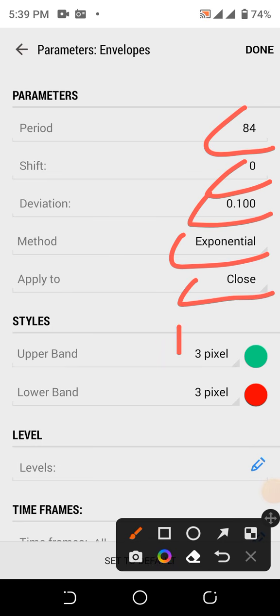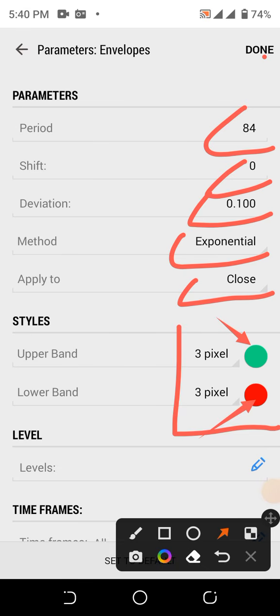Now for the upper band and the lower band: the upper band color is green, and the lower band color is red. So this is all you need. You need only one indicator, the envelopes indicator, to record massive profit trading volatility 10 index on 1 hour time frame.